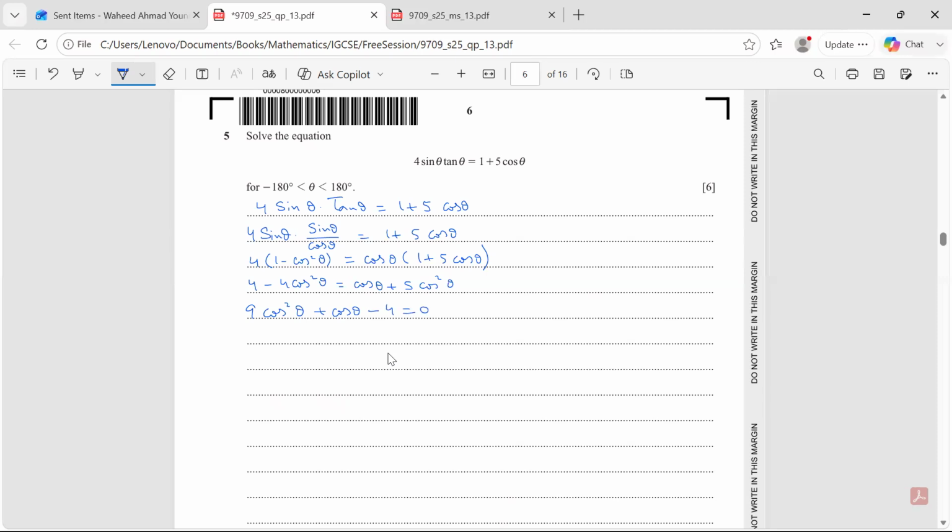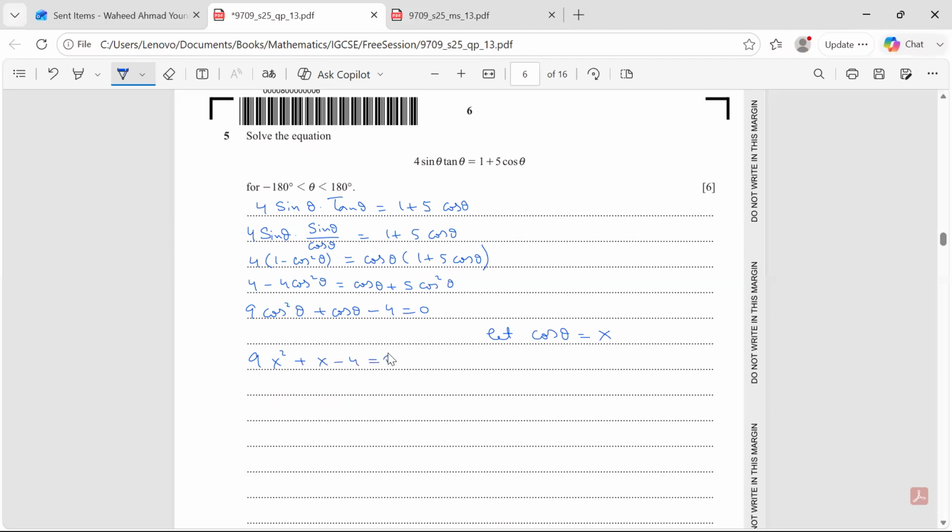So this is the quadratic equation in cos theta. I will make the substitution that cos theta I am replacing as x. So it's 9x squared plus x minus 4 equals 0.